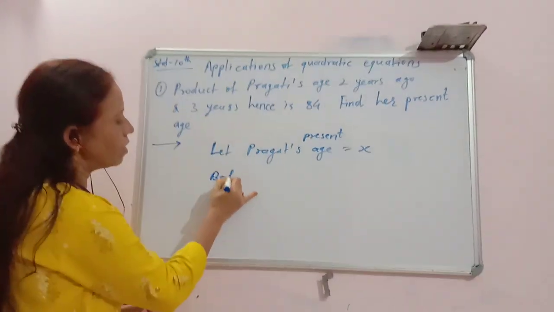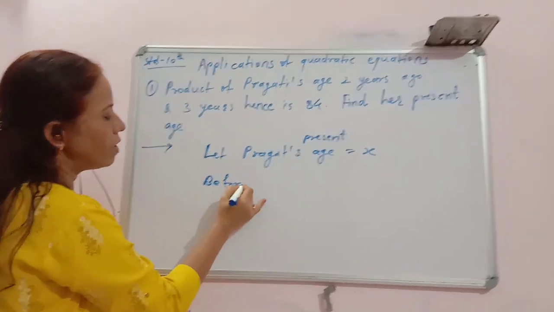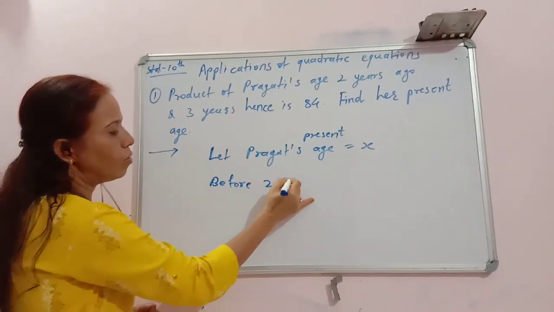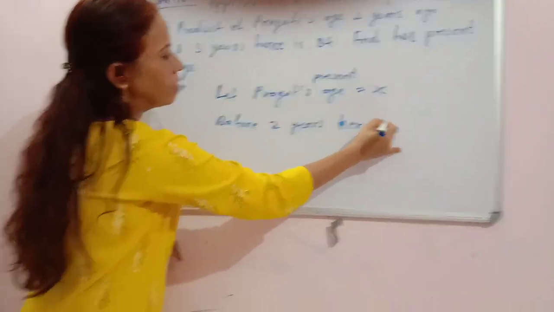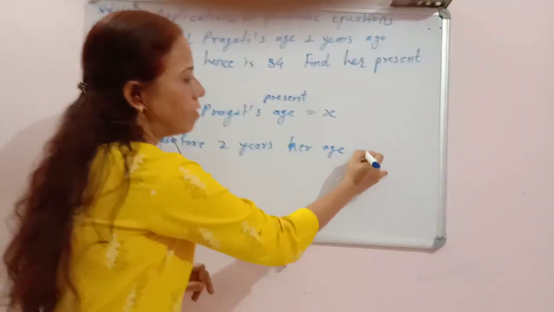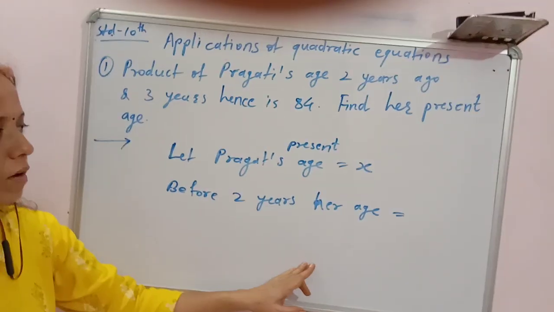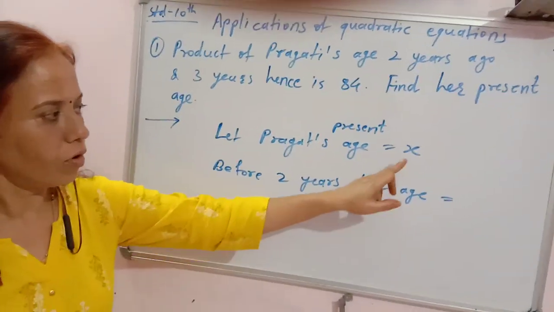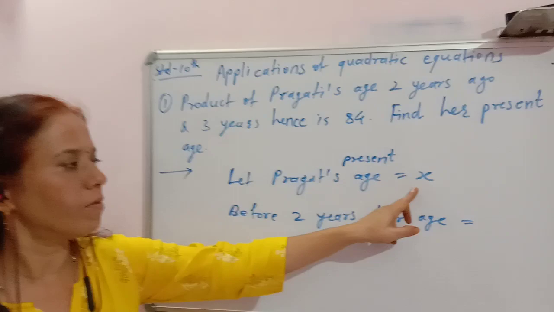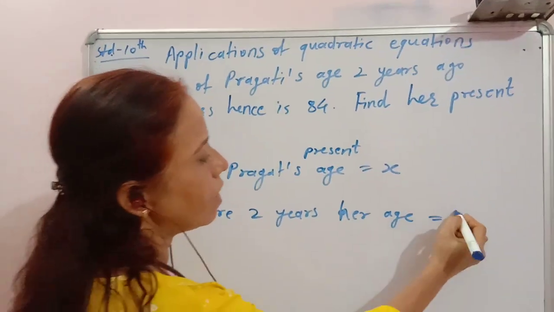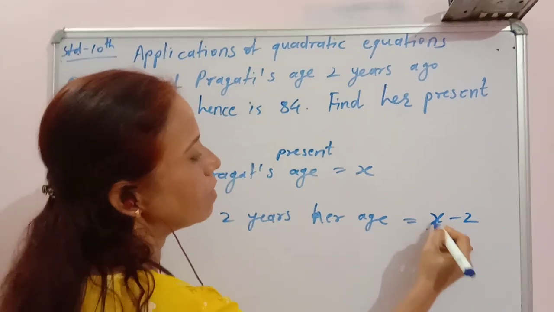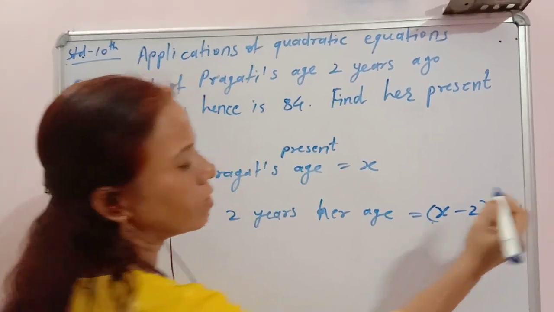Before 2 years, for example, if my age is 30 now, then before 2 years my age is 30 minus 2. So here her age is x, and before 2 years her age is x minus 2 years.